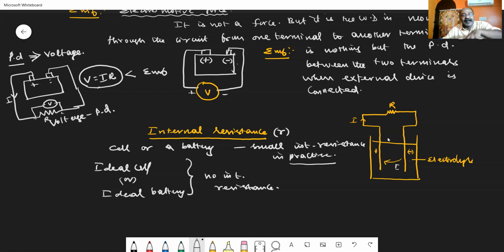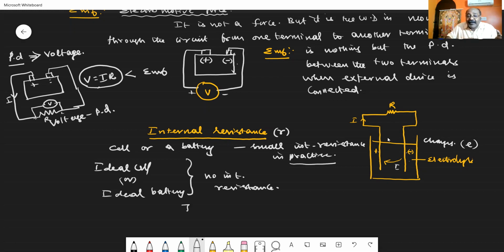That resistance we call internal resistance. Or we can say otherwise, instead of electrical current, if you consider the charges flowing, the charges flowing are always electrons. Electrons flow in a direction opposite to that of the current. So the electrons move from the negative terminal to the positive terminal in the external circuit, and internally they move from the positive terminal to the negative terminal.